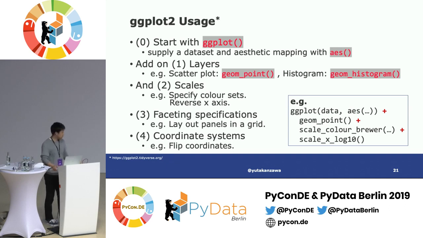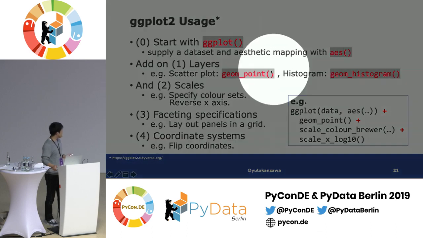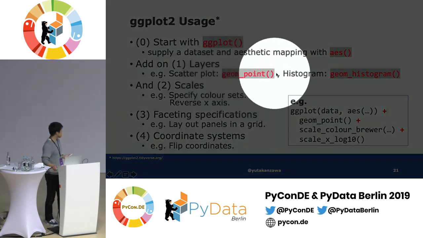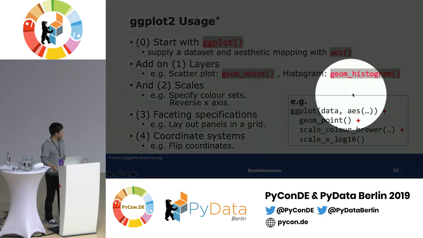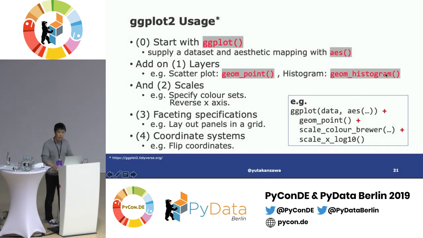And then you need to call layer functions such as geom_point or geom_histogram to create scatterplots or histograms. Then you can add some declarative functions, for example, to use a different color set or to set the x-axis to a log scale.